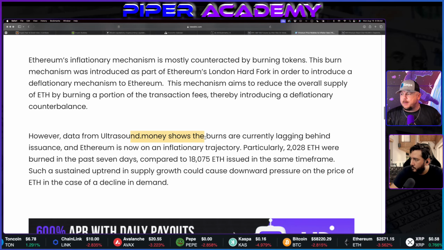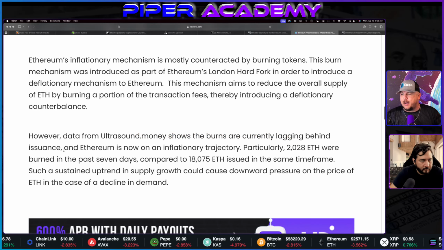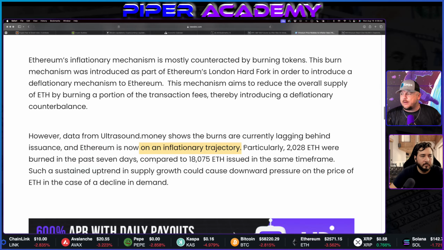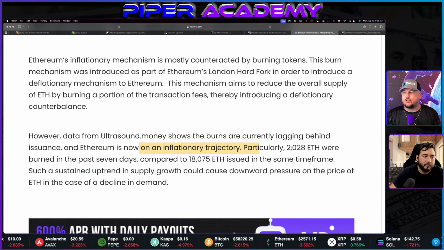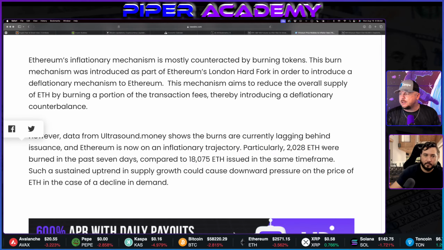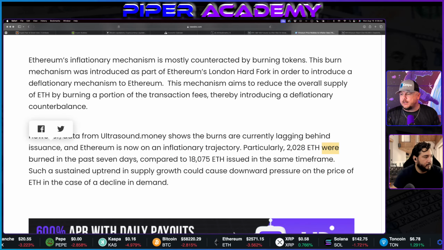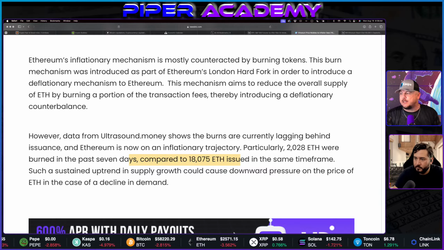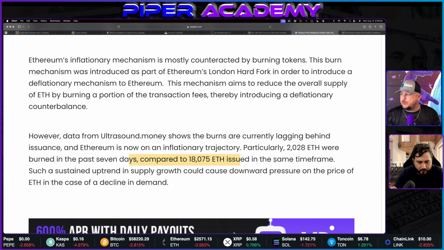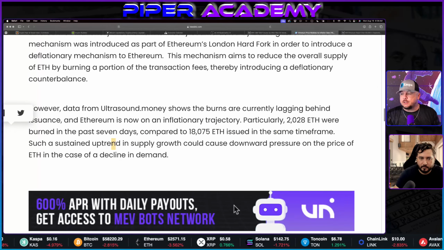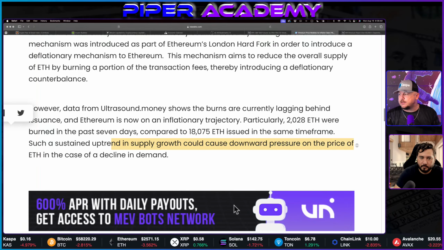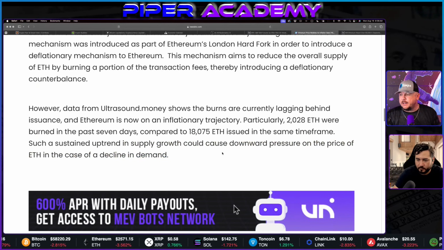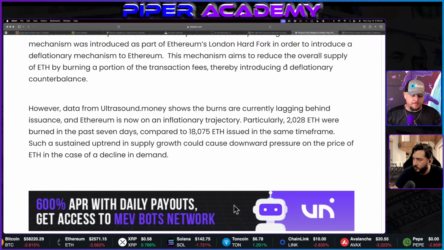However, data from Ultrasound Money shows the burns are currently lagging behind issuance, and Ethereum is now on an inflationary trajectory. Particularly, 2028 ETH were burned in the past 7 days compared to 18,000 Ethereum that were issued in the same time frame. Such a sustained uptrend in supply growth could cause downward pressure on the price of ETH in the case of a decline in demand.